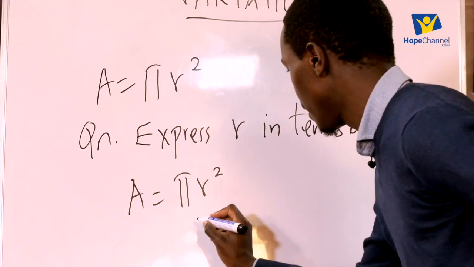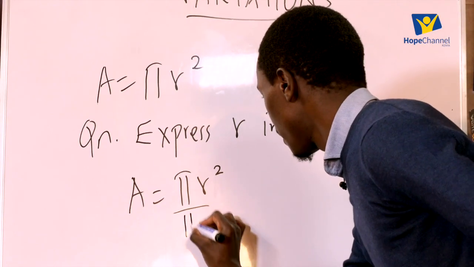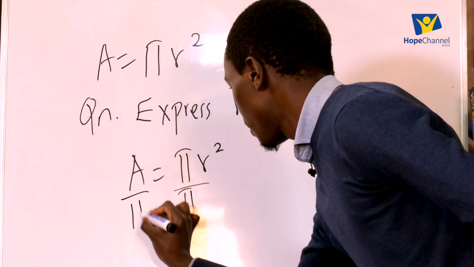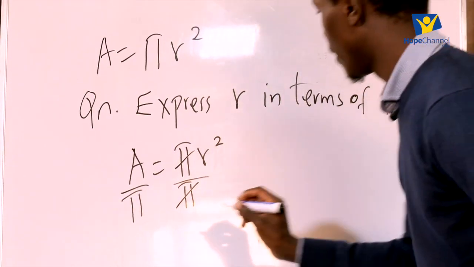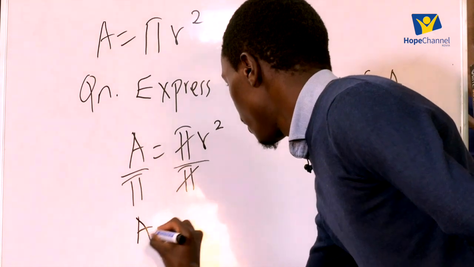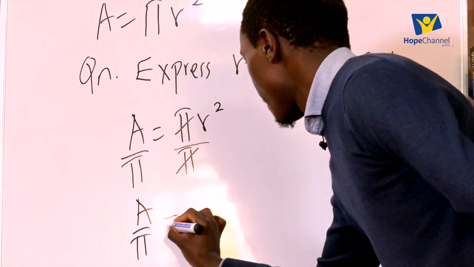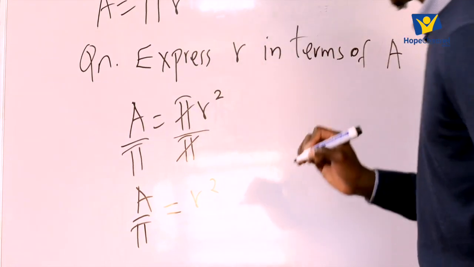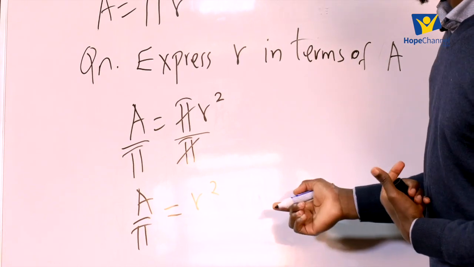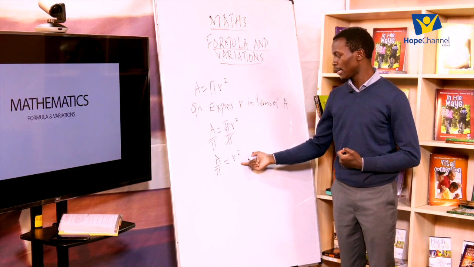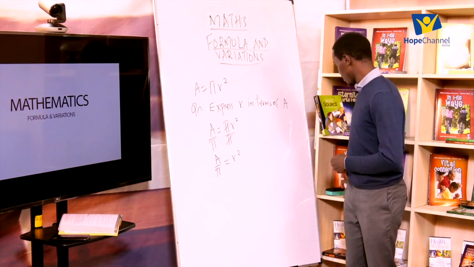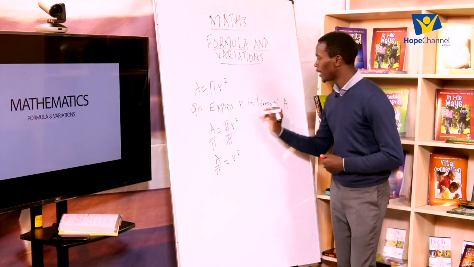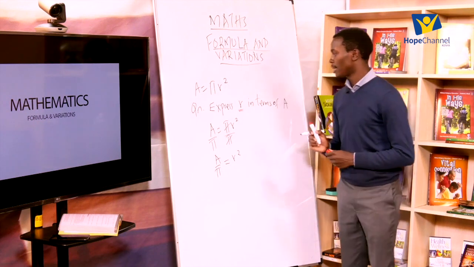So the first thing is divide by pi both sides. So by dividing and cancelling, we have a over pi being equal to r squared. But you see, on the right hand side we don't have r, we only have r squared, but on the left is a over pi, and our question is about making r the subject.